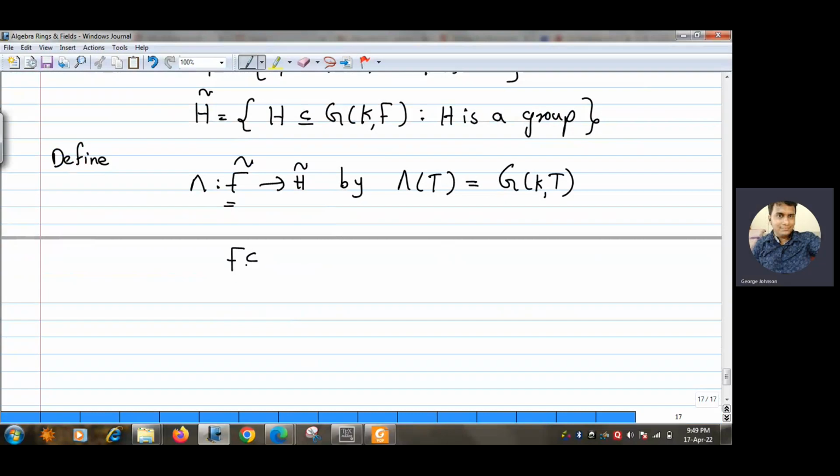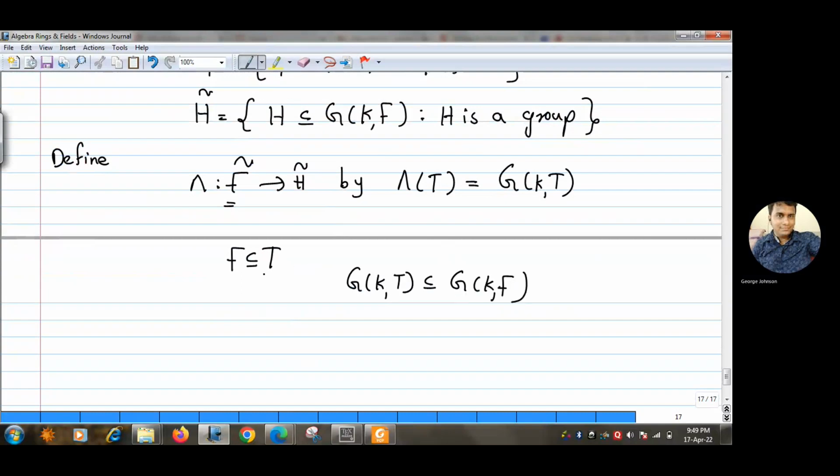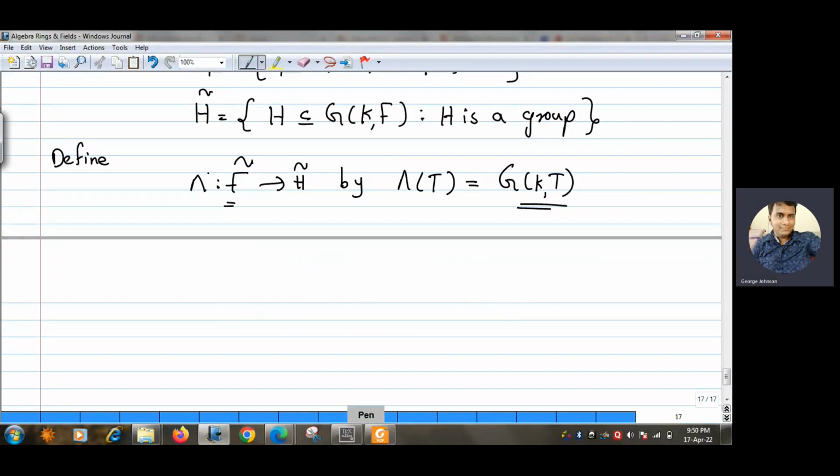We have already discussed in the last theorem that because F is a subfield of T, G(K/T) is a subgroup of G(K/F). So G(K/T) is an element of H tilde, and we have defined the map from F tilde to H tilde.